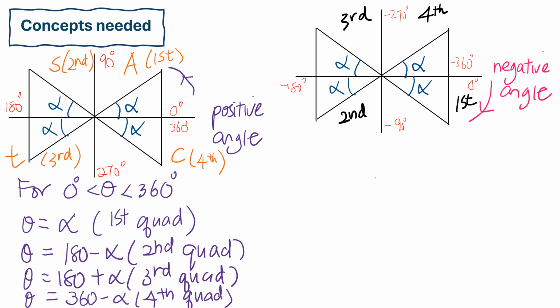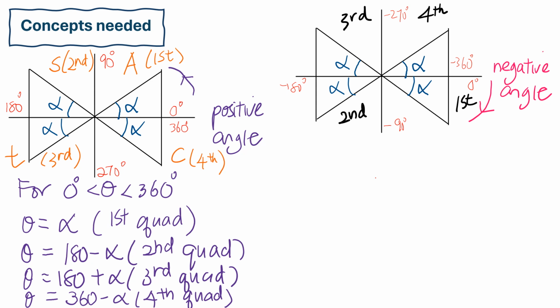In the negative angle, because your angle is measured in a clockwise direction, the first quadrant becomes the fourth quadrant. So the fourth quadrant is the quadrant where all the trigonometric ratios will be positive. And then your second quadrant in the positive angle will become the third quadrant of your negative angle, and so on and so forth.